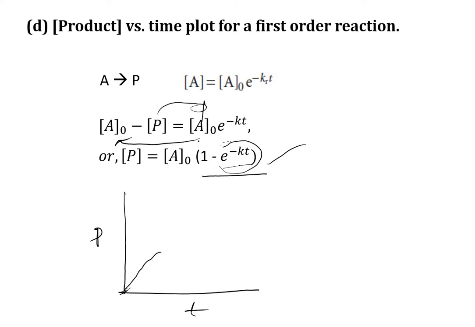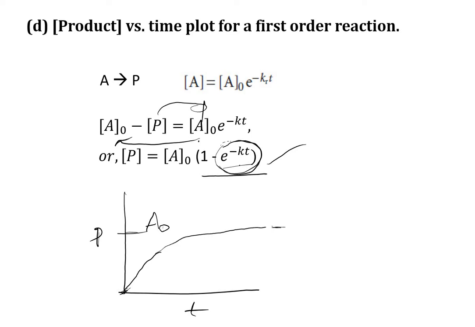And then what happens after time t, because you know that a first order reaction never completes, so it takes infinite time in principle to complete. So when t is infinity, e to the power minus infinity is 0, so 1 minus 0 is 1, so P is A0. That means it will be saturated to some value, that value is A0. Okay, so this is the required plot.